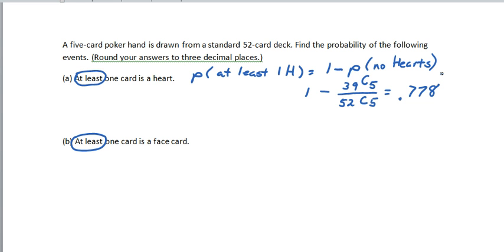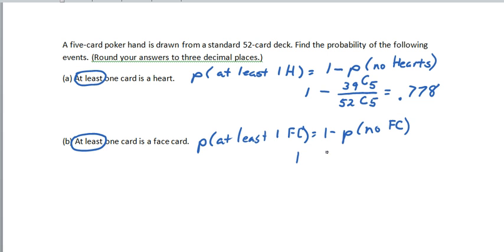The probability that at least one card is a face card would equal 1 minus the probability of no face cards.